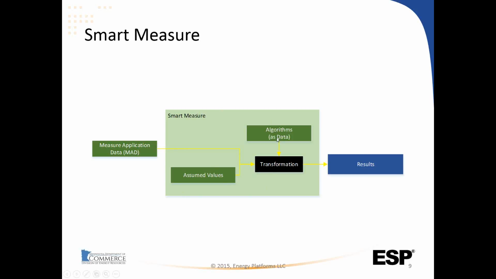And then the smart measure itself houses the algorithms as structured data and any assumed values that are necessary for the calculations. And then of course this is just a live calculator that's capable of producing its results. Those calculations can be from rebate to savings, kW, carbon emissions, water, etc.